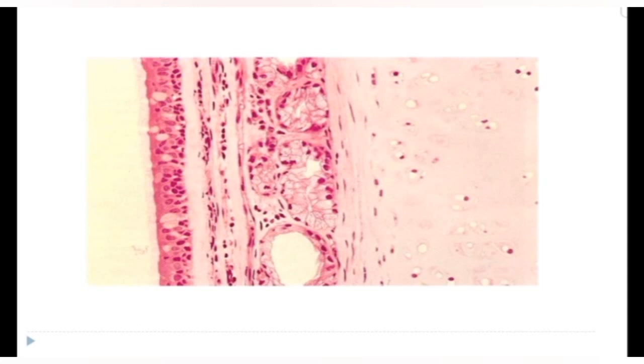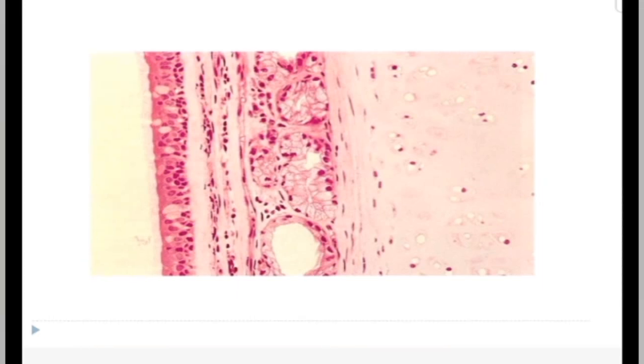The lumen of the trachea is kept patent by 16 to 20 C-shaped rings of hyaline cartilage, which are arranged one above the other. Open ends of these cartilages are located on the posterior surface of the trachea. The spaces between the adjacent rings are filled by dense fibrous connective tissue, which is fused with the perichondrium of the cartilaginous rings.